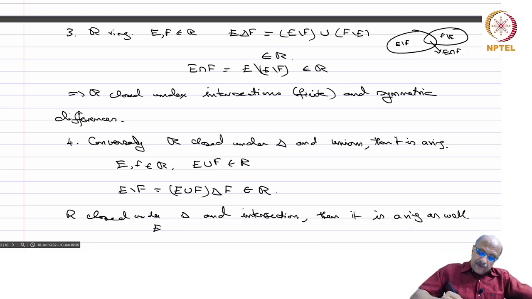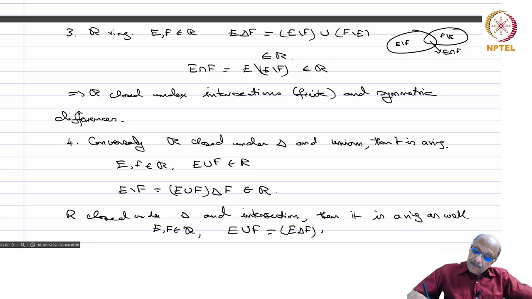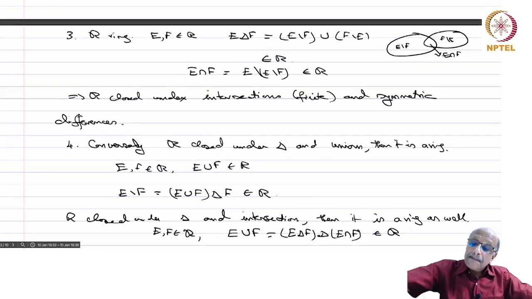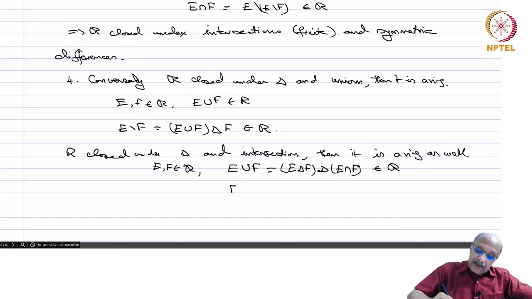Because if E and F belong to R, then E delta F is nothing but E union F delta E intersection F. So it is closed under intersection, so this belongs to R. It is closed under symmetric differences, so this belongs to R. And then you have two elements of R, and the symmetric difference is also in R. And then E minus F equals E union F delta F, we already saw.